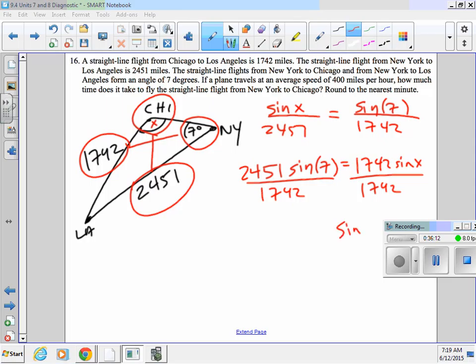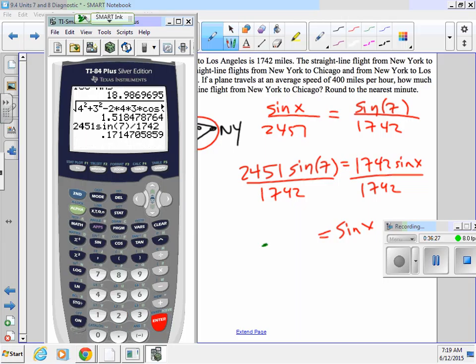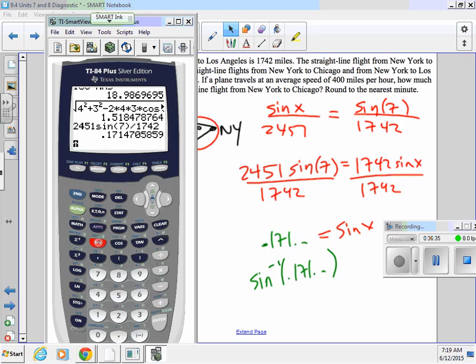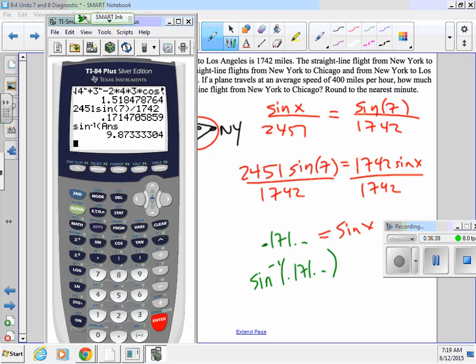And I get sine of x equals 2451 sine of 7 divided by 1742. And so I get 0.171 and so on. If I do inverse sine of that, I will get an angle of 9 or 10 degrees.